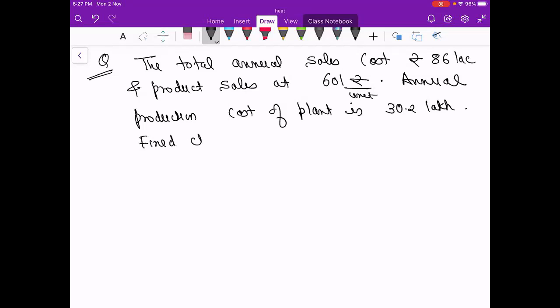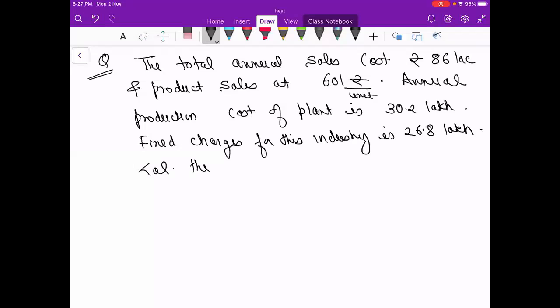Fixed charges for this industry are 26.8 lakh. Calculate the break even point in units of production per year. Okay, calculate it.